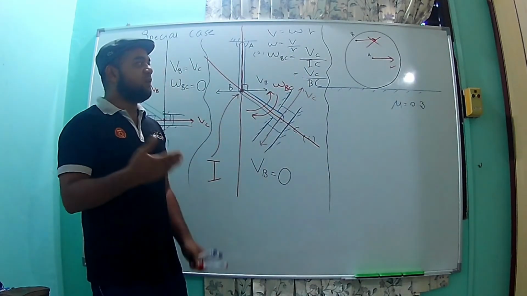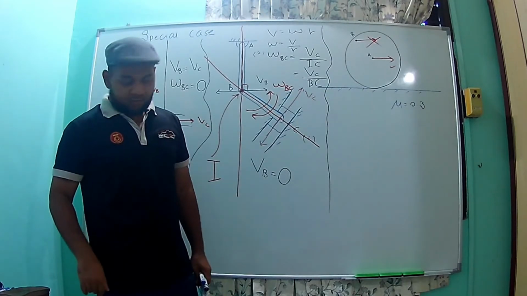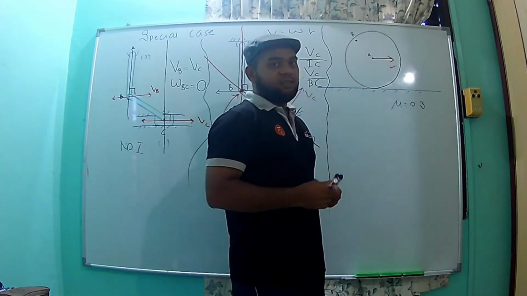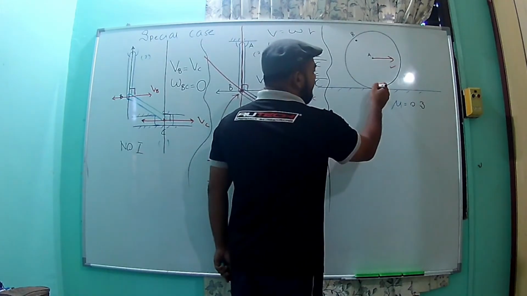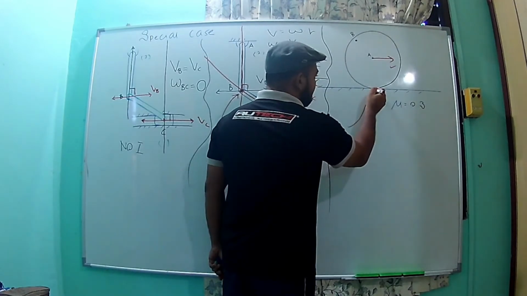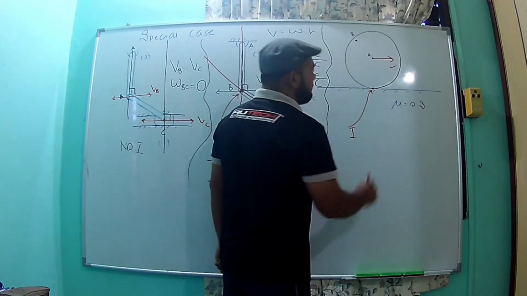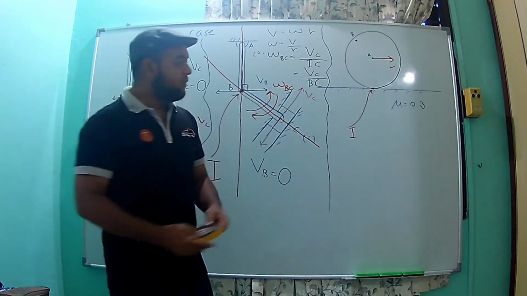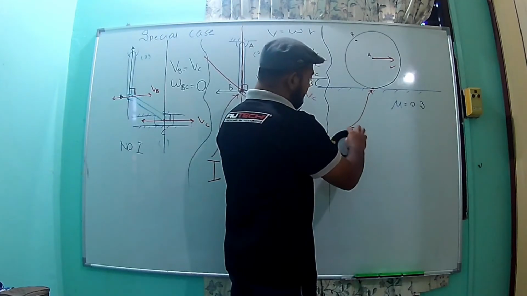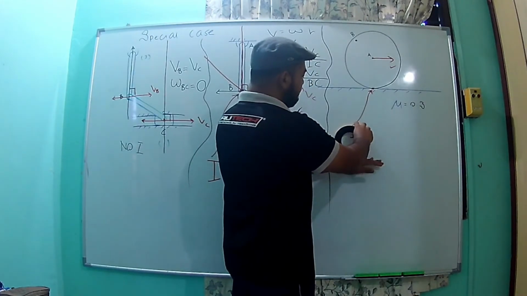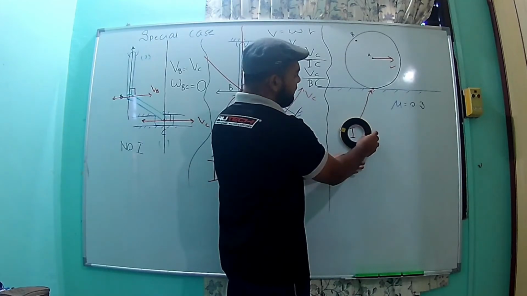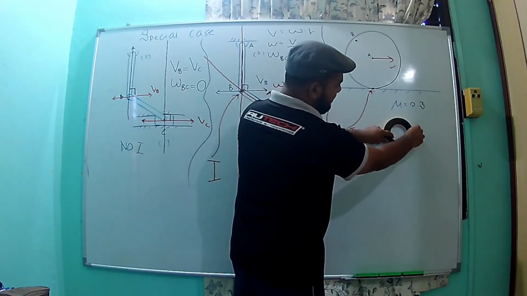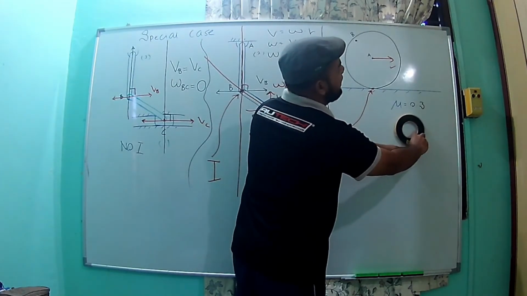First we need to identify the I. Where is the I? In this third special case, the I, the instantaneous center of 0 velocity, is actually at the contact point. This is the I. Why is that? If you look at this movement, when it moves and rotates at the same time, you see it is going up and going down again at one point and then going up again.